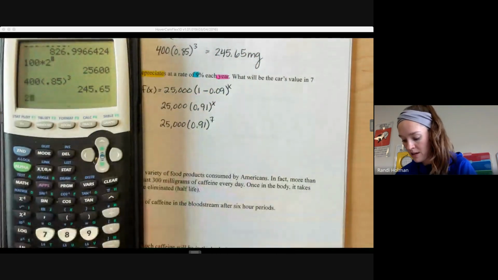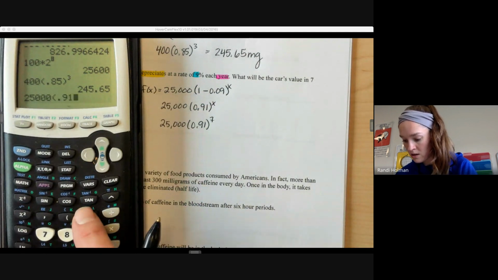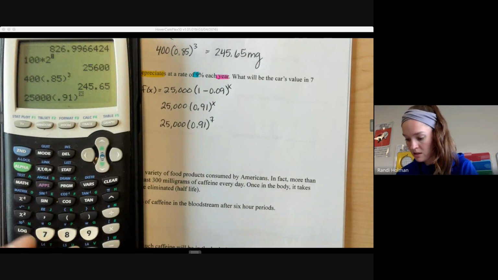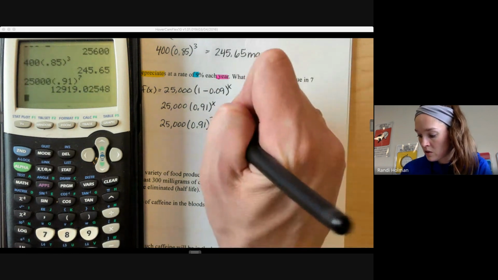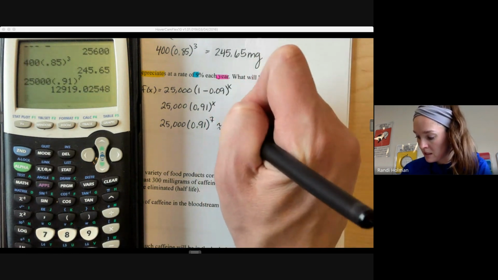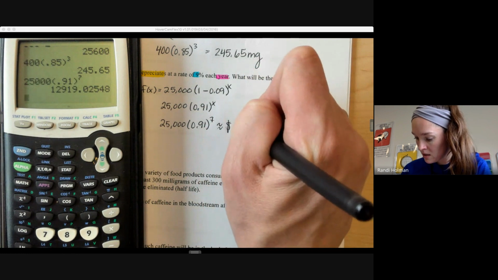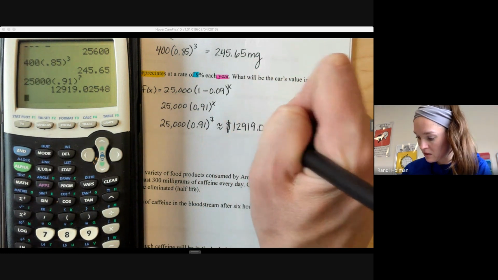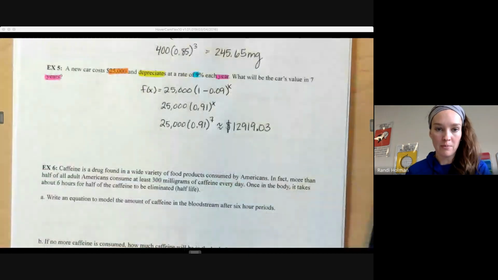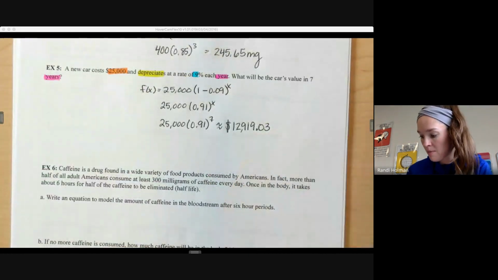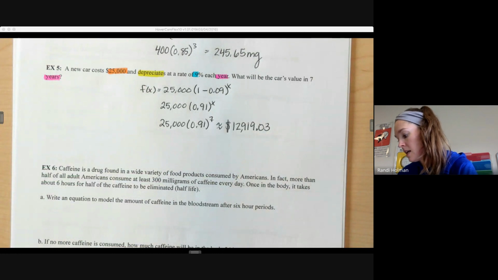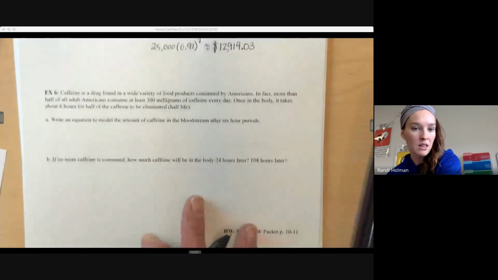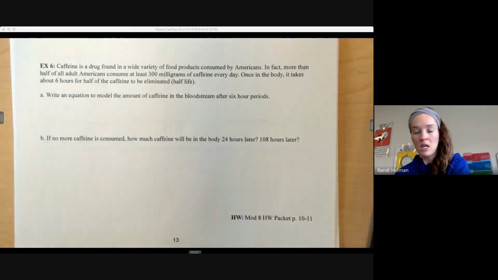Okay, 25,000 times 0.91 to the 7th. And so your car's worth about, it's money, so let's label it and round appropriately to the nearest cent, since we're talking about money. So it's now worth about $12,919.